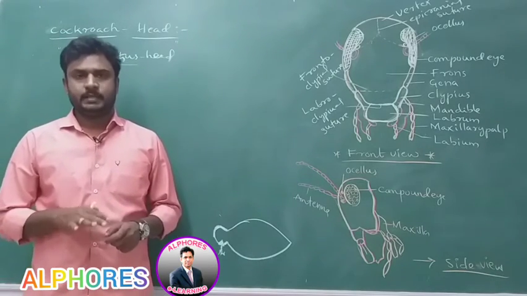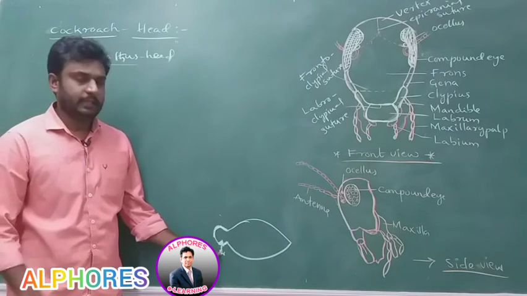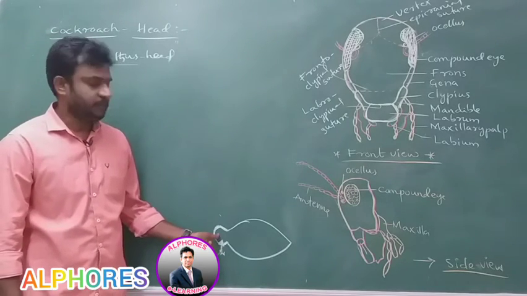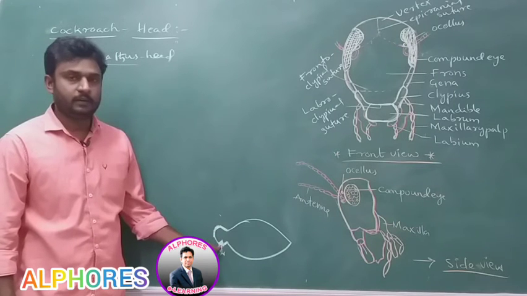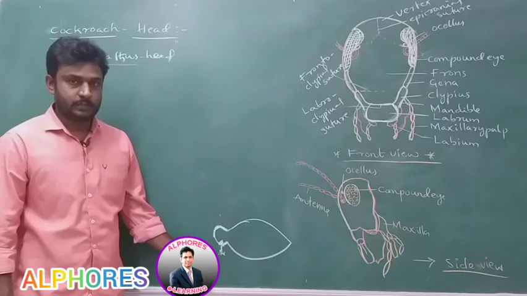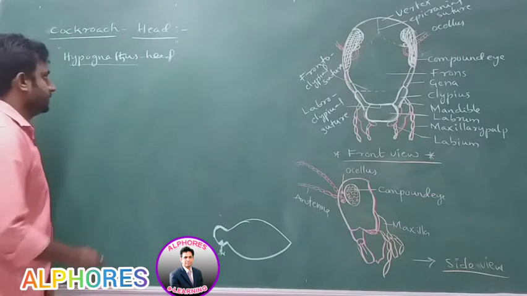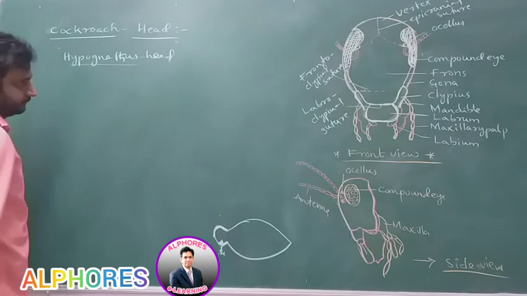When the cockroach is crawling, it locates food materials with the help of antennae and catches them with the mouth. Mouth parts are directed downwards and the wider part upwards, which is called a hypognathous head.